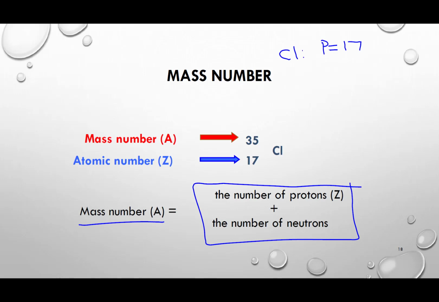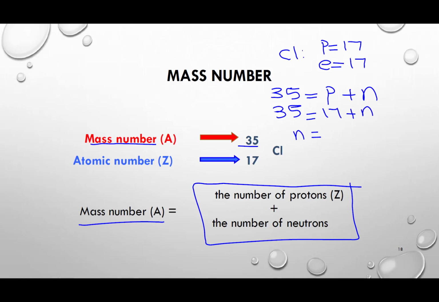Since it's neutral, its number of electrons is also 17. And its mass number is 35. Mass number is the sum of protons and neutrons. You already know from the atomic number the number of protons is 17. You could easily find the number of neutrons, which will be 35 minus 17, which will be 18.